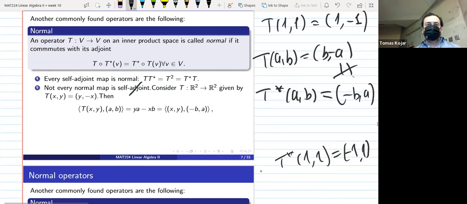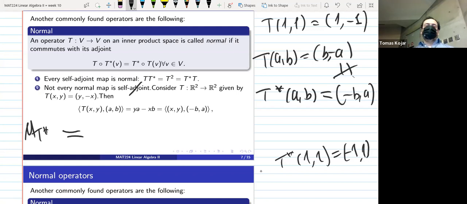So let's find its adjoint. The way you find, well, you know what? I don't need to do this. So we know what T star is, the matrix of T star. So can somebody tell me what's the relation between the matrix of T star and the matrix of T?